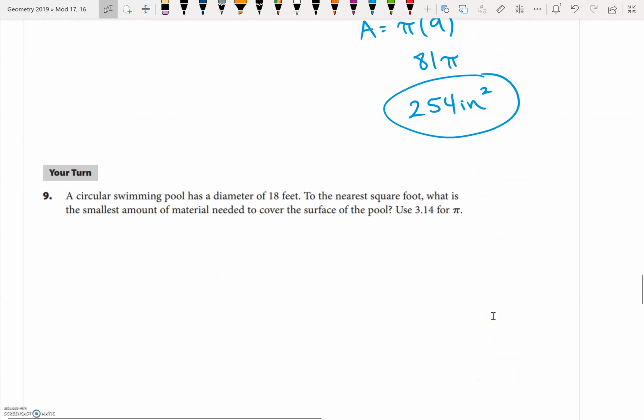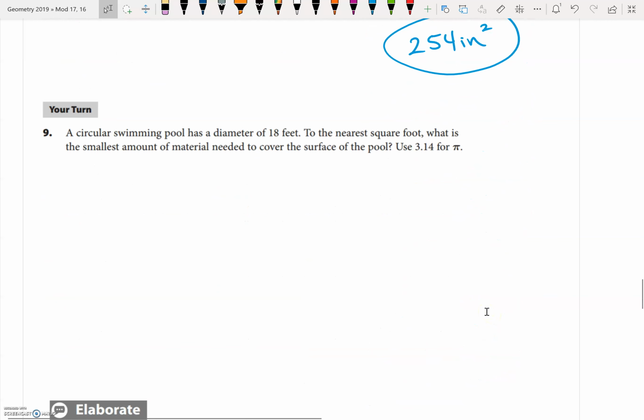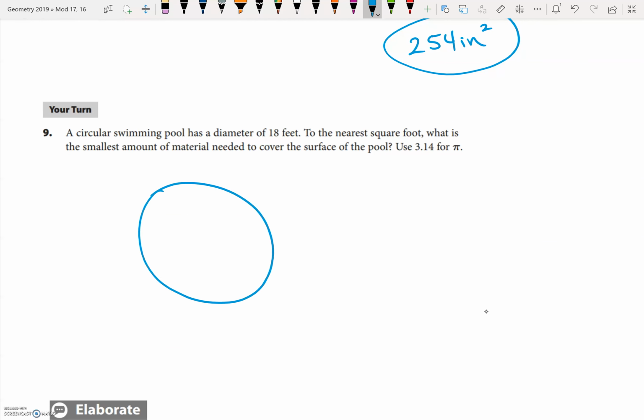The last problem we have here is a circular swimming pool that has a diameter of 18 feet. Here's our swimming pool. Here's our diameter of 18. We want to find out how much is going to cover the entire surface.